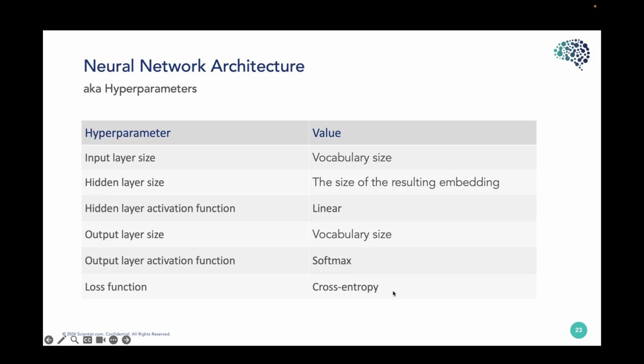And cross entropy is a loss function that compares two probability distributions. And what we're looking to do is predict the likelihood that each of the words in our vocabulary will appear in context with our target word. That is essentially a classification problem, very similar to our tic-tac-toe problem. So softmax and cross entropy make a lot of sense here.